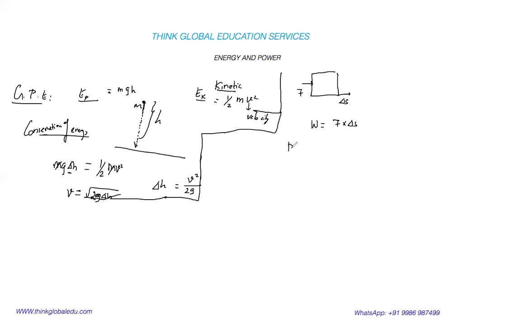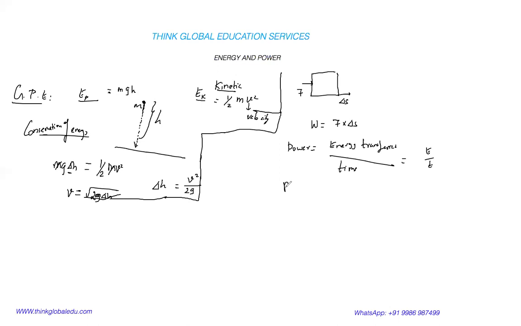And we can write power in terms of work done. Power is equal to energy transferred divided by the time taken for the transfer of energy. It is always equal to energy transferred divided by time taken for the transfer of energy. So E divided by t.